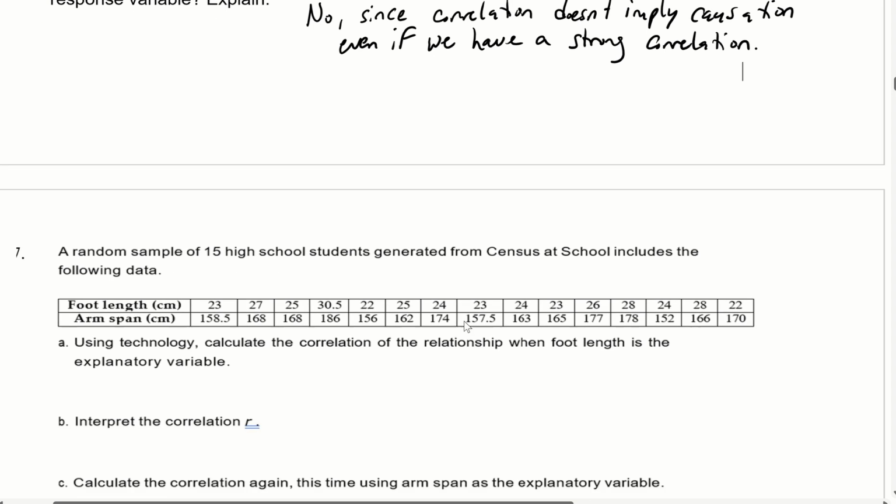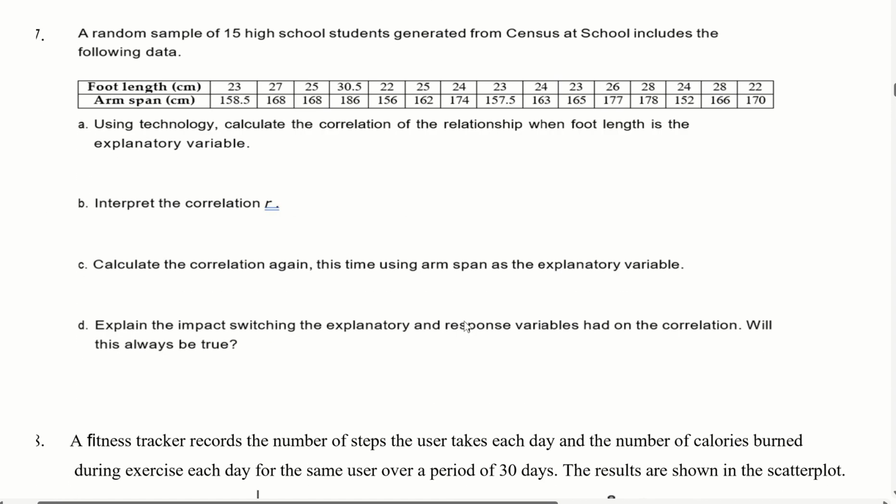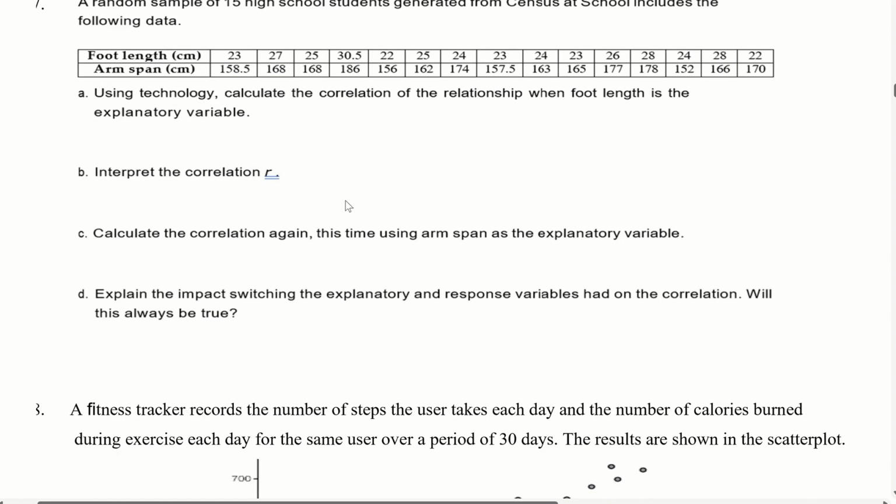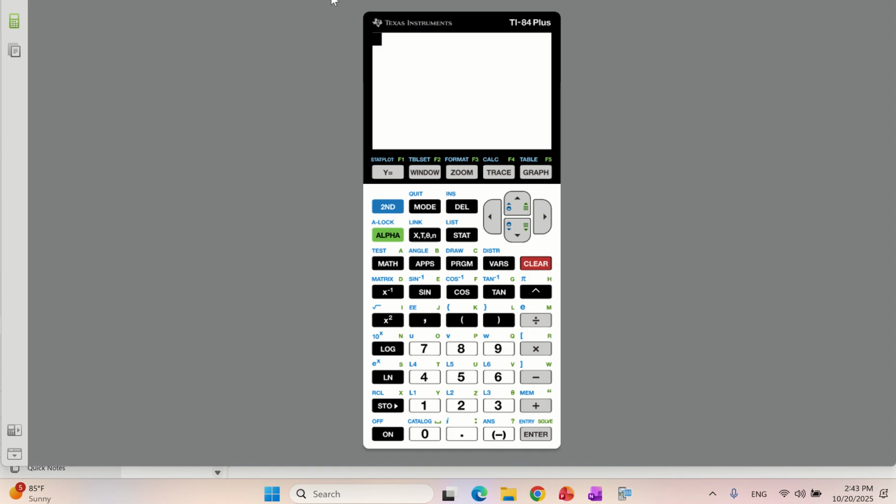Okay. All right, so the next one, number 7, a random sample of 15 high school students generated from Census at School includes the following data. Using technology, calculate the correlation of the relationship when foot length is the explanatory variable. All right, so I'm going to go ahead and show you this using the TI-84.